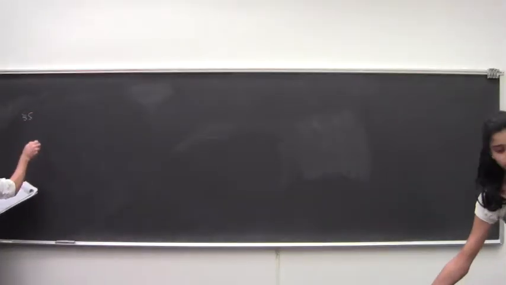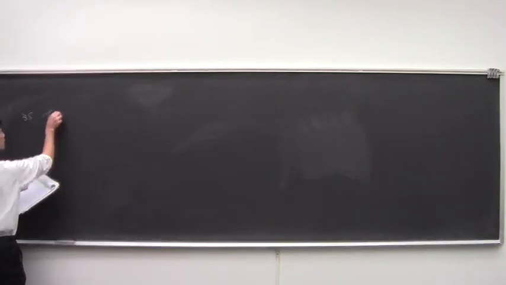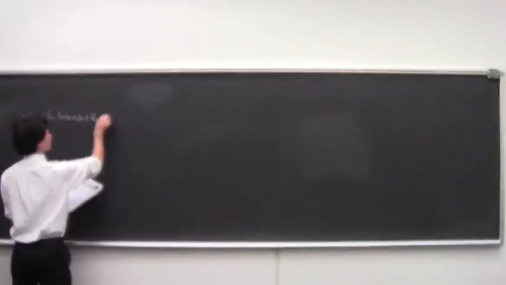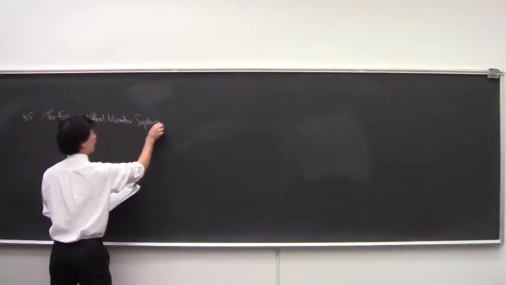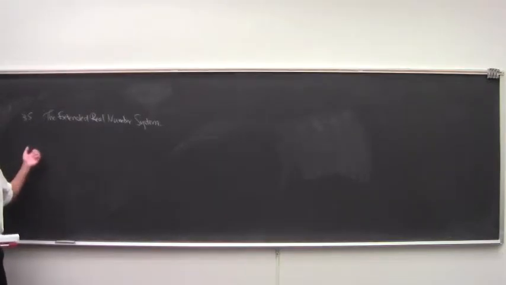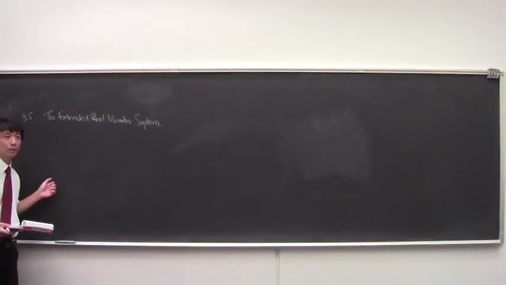Section 5, there's not that much in Section 5. It's something called the extended real number system. Basically, how do you add infinity into the real numbers?